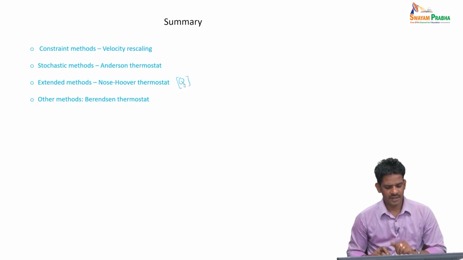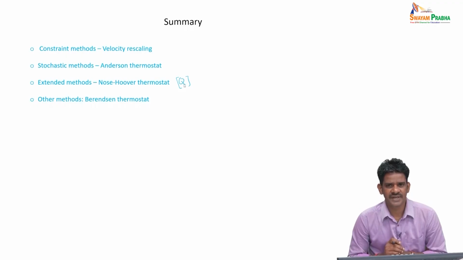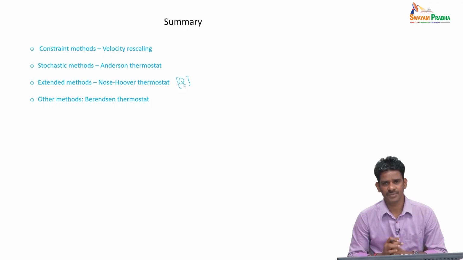But the main principle behind all these methods is either Berendsen like, or Andersen like, or extended systems like Nose-Hoover. So there are many such thermostats, but most commonly you will see that Nose-Hoover or Andersen thermostats are being used.